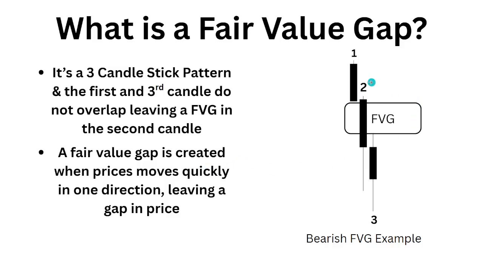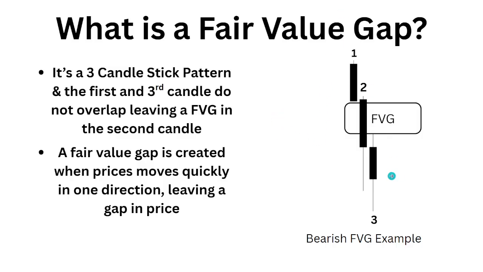And the reason this is being formed within the market is because a fair value gap is created when price is moving way too quick in one direction. What do you mean? Well, price will hit a certain level and experience a ton of volatility at a certain price, causing it to accelerate upside or downside.